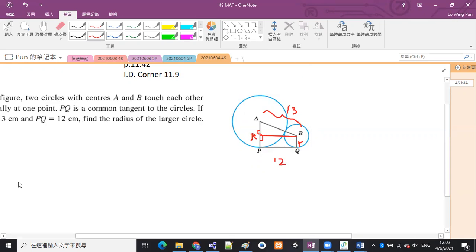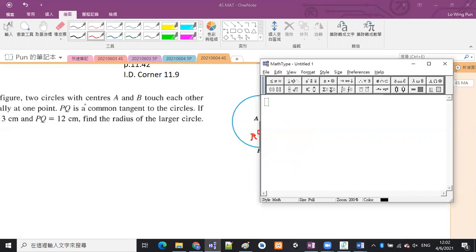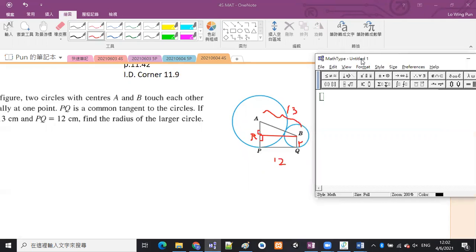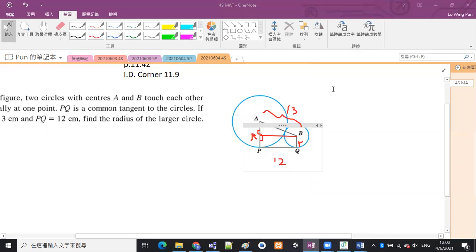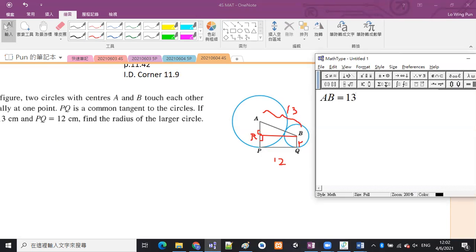Normally, how do we do it? We will concentrate the information into this right-angled triangle. So in triangle ABC, we know that AB is equal to 13, and then BC should be equal to the length of PQ, which is 12 cm.